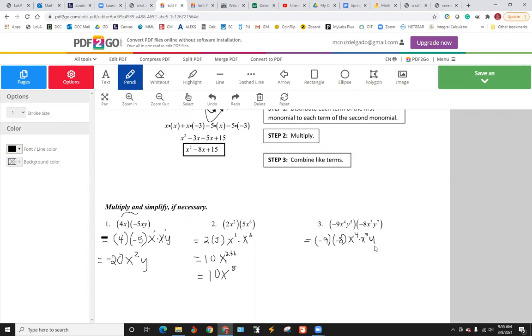Each one of the numbers are multiplying each other, the x's are multiplying each other, and all the variables are using the product rule. So 72 positive, and then this is x to, again, I'm going to do the little intermediate step.